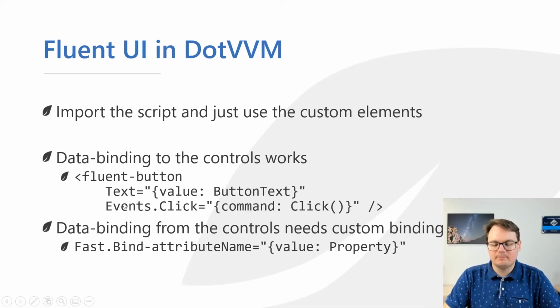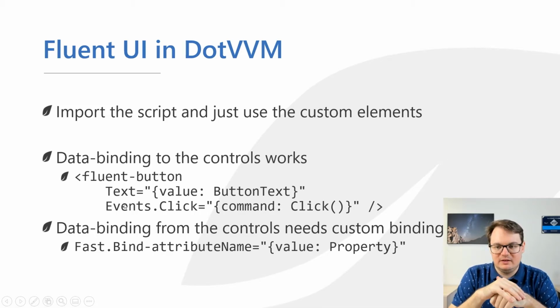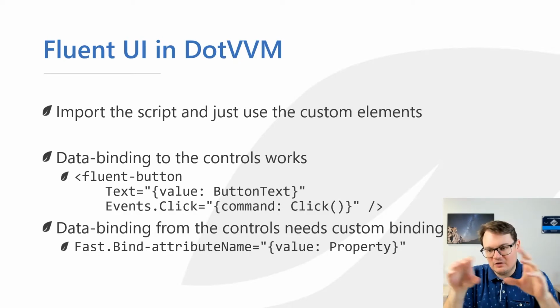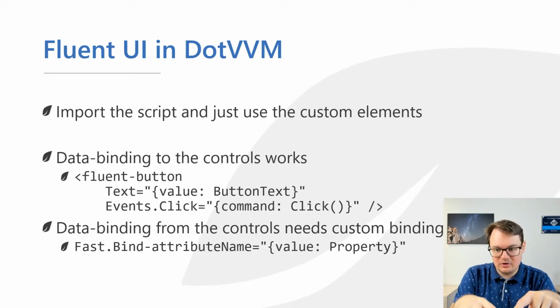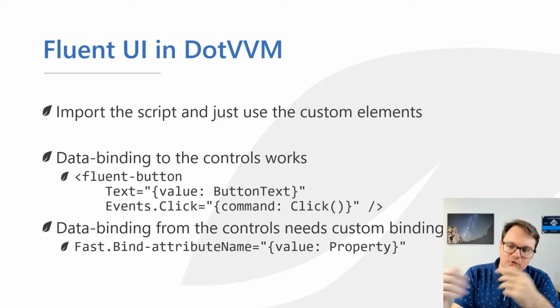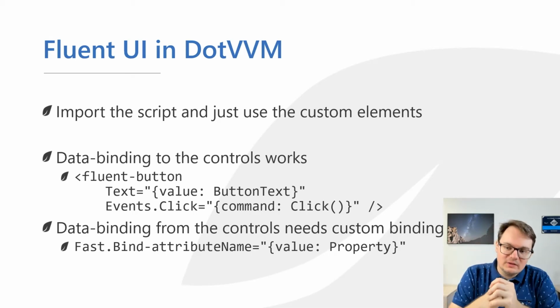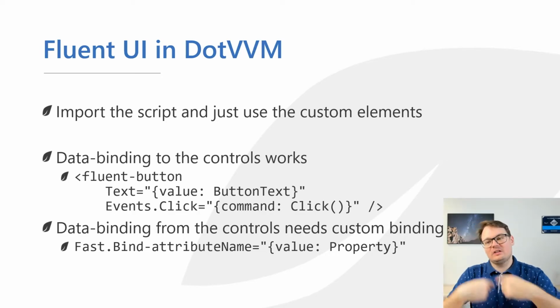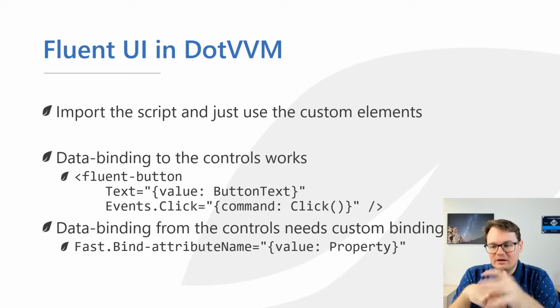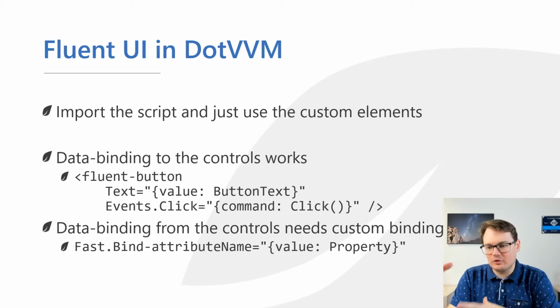What's a little bit more complicated is a two-way data binding, because the controls, when you change their attributes, these changes are propagated into the control, and control will respond to them. So you have seen that I added the background color attribute on the Fluent design system provider, and the component detected the change and changed the styles. Yeah. But when the control itself changes its attribute, by default, nobody is notified about this change. And of course, DotVVM relies on these notifications.